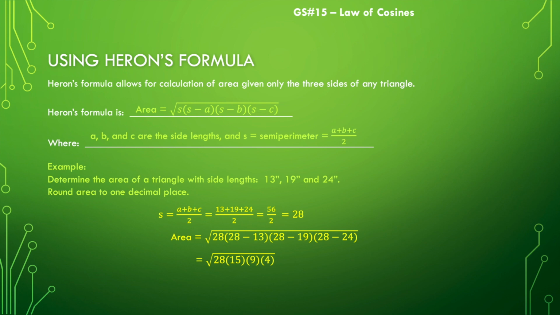Multiplying those together, we get the square root of 15,120. Taking the square root, we get an approximation of about 122.96 square inches, which when we round to the nearest tenth will be 123.0 square inches.